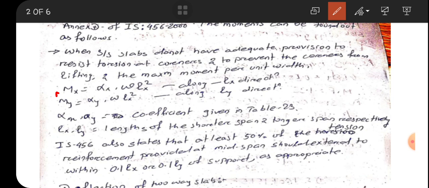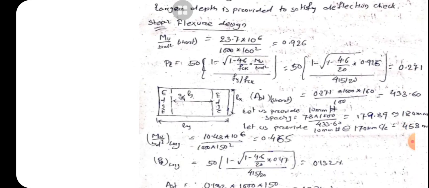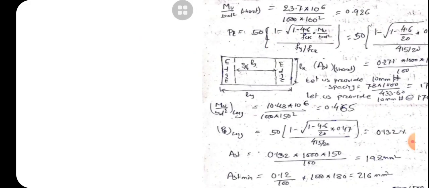Then in case of restrained slab, the slab is divided like this figure into three parts, that is middle strip and edge strip. Middle strip is 3/4 of the span we are considering, and the edge strip is 1/8 of the span, in both lx direction and ly direction.